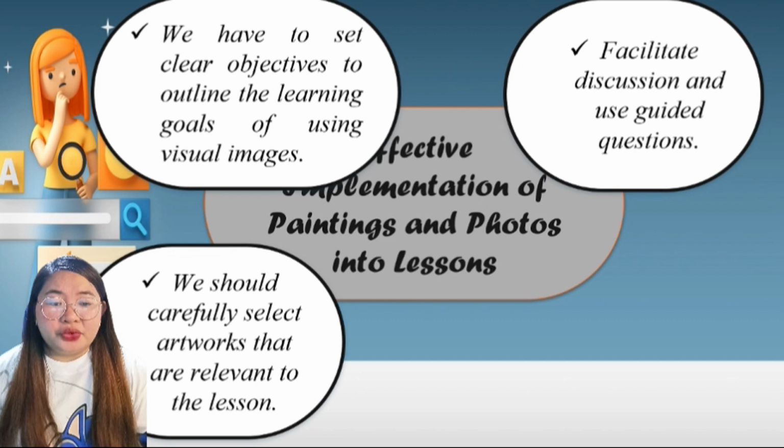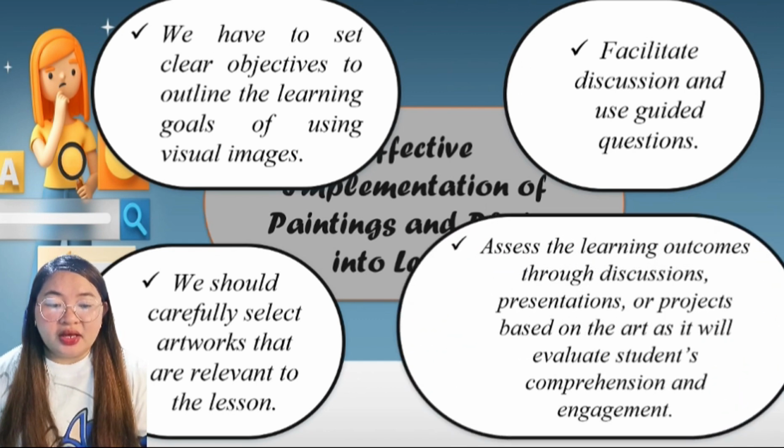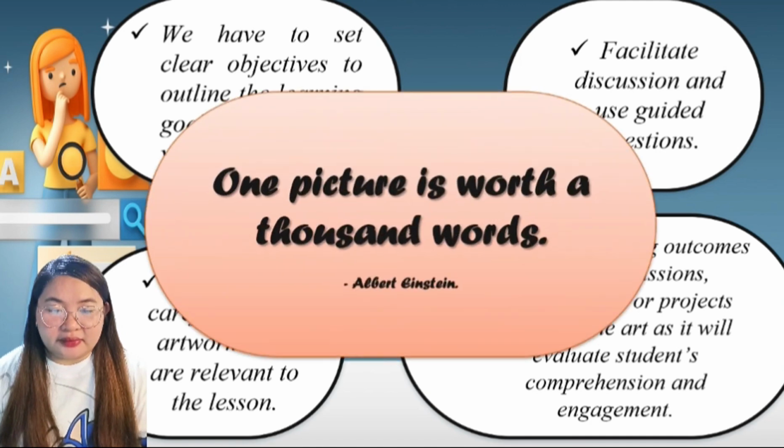Then, facilitate. As a teacher, we have to facilitate discussion and use guided questions. And with that, we can assess the learning outcomes through discussions, presentations, or projects based on the art, as it will evaluate students' comprehension and engagement.